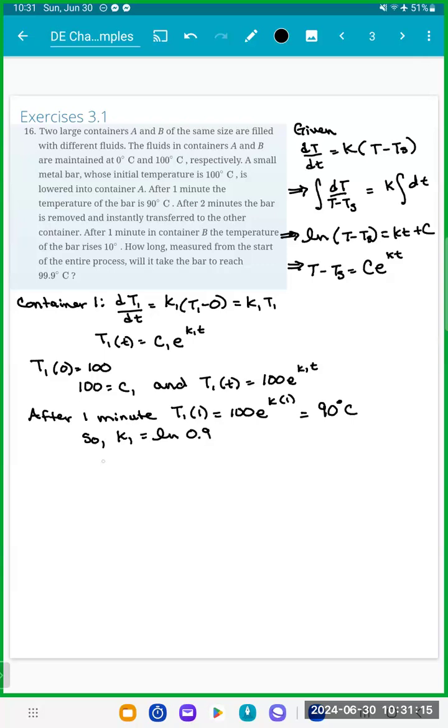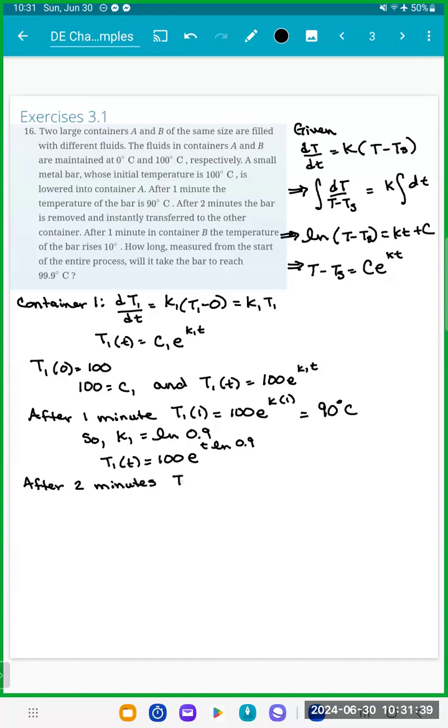Okay, so T sub 1 of T is equal to 100 E to the T times the ln of 0.9. Now looking at this after 2 minutes, right?